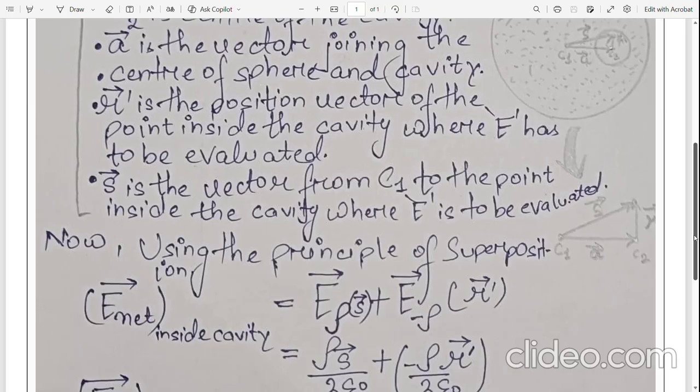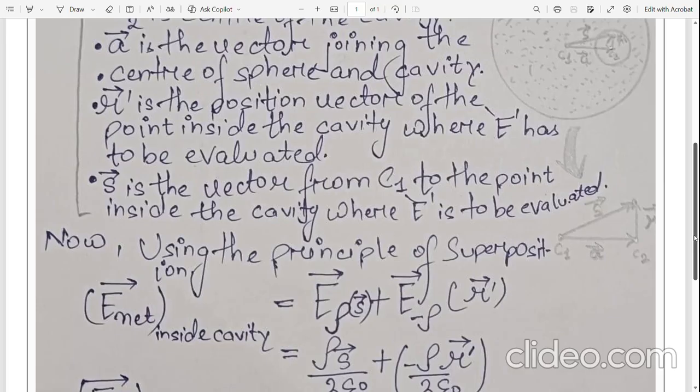And now we will also take the electric field due to a sphere having negative charge density and the same dimension as the cavity. When we sum both of them, we'll get the net electric field at a point inside the cavity.